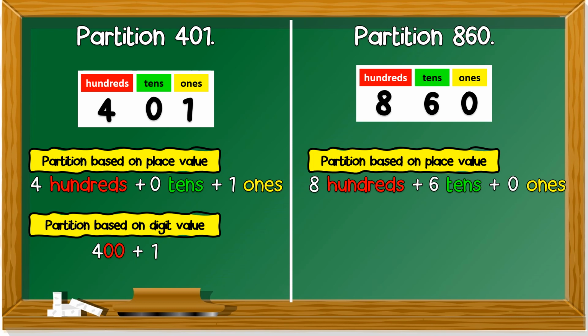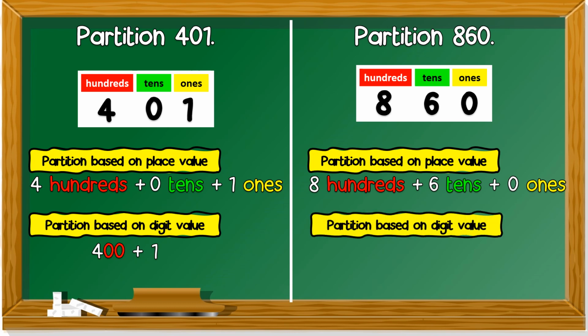When we partition based on digit value, it's just 800 plus 60. Do we have to put the ones? No, because there are no value in there.